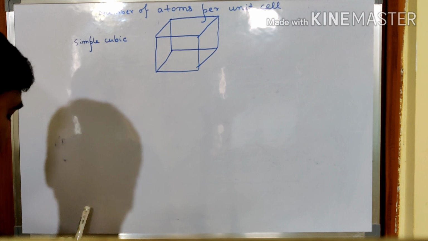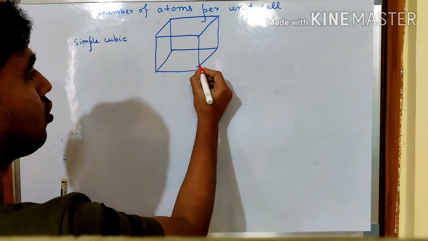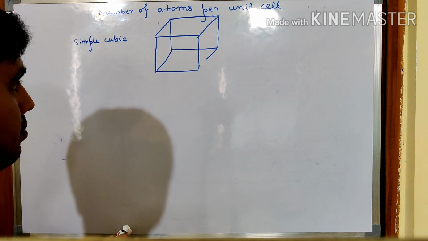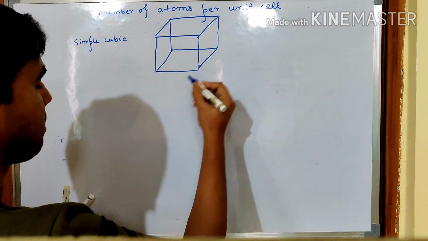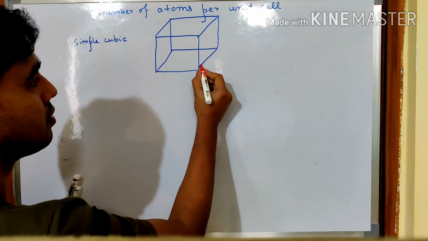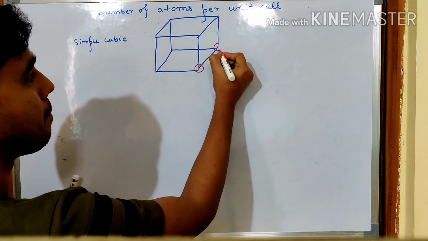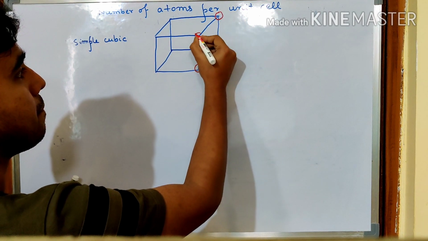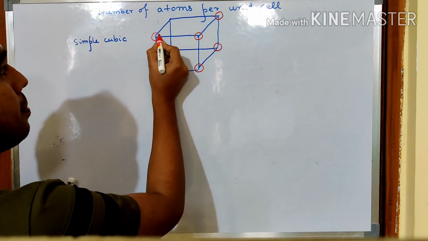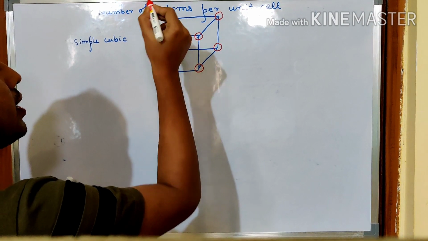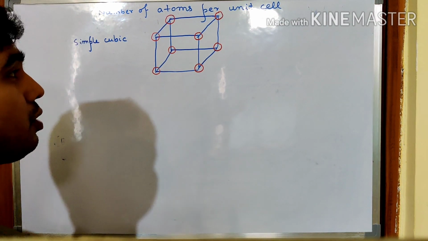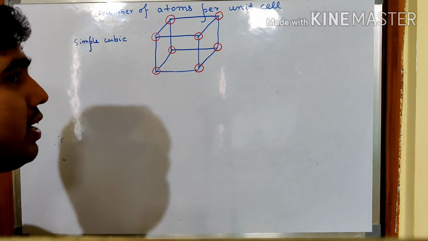Here there are corner atoms only. But there are atoms present only at the corners. We know it already. And in the 3D diagram, in that video, you have seen that their contribution is 1 by 8.